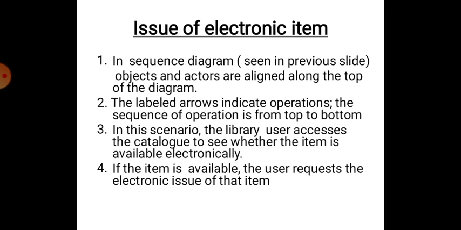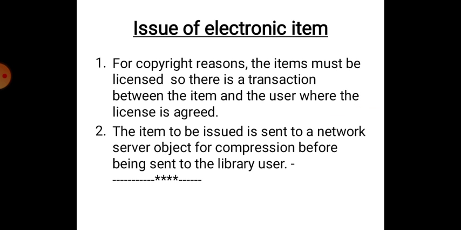Point number 4. If the item is available, the user requests the electronic issue of the item. So if that item is available, then the user goes in for a request for issue of the electronic item. Point number 1. For copyright reasons, the item must be licensed.